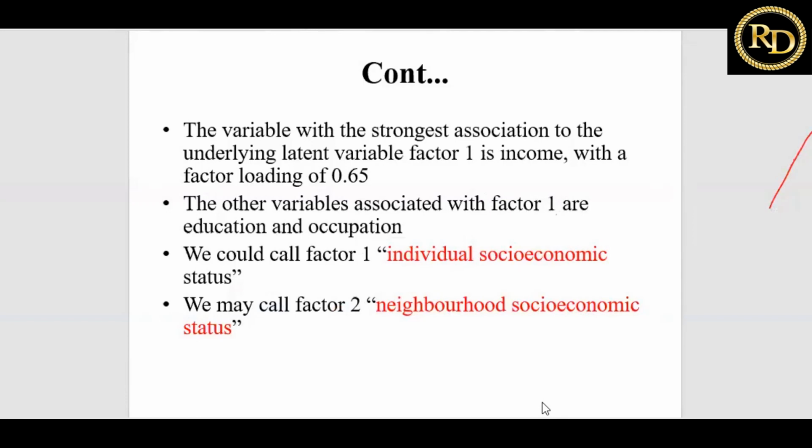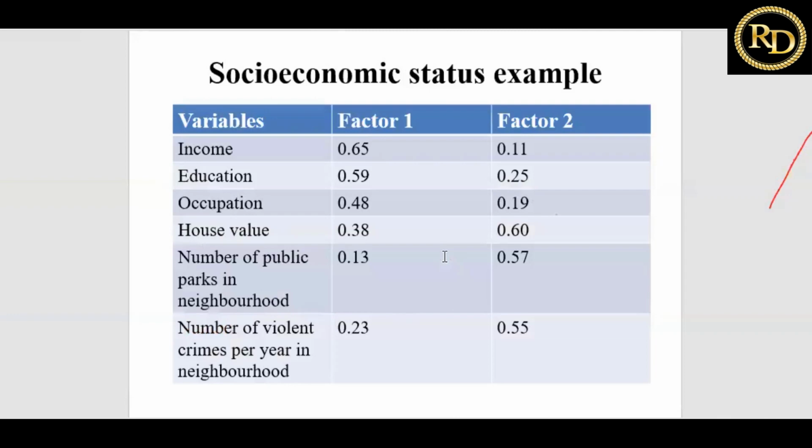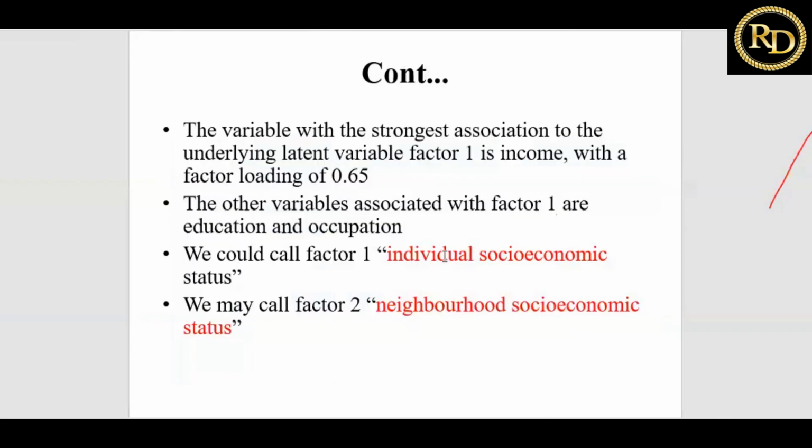So now you can see that this is the individual socio-economic status, and this is the neighborhood socio-economic status. These are the two names you can provide for factor 1 and factor 2.